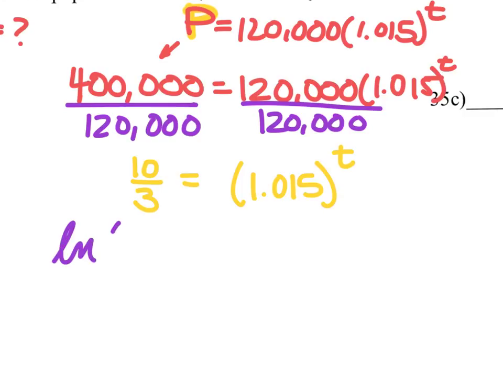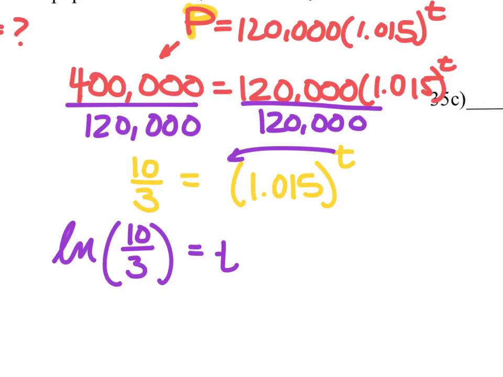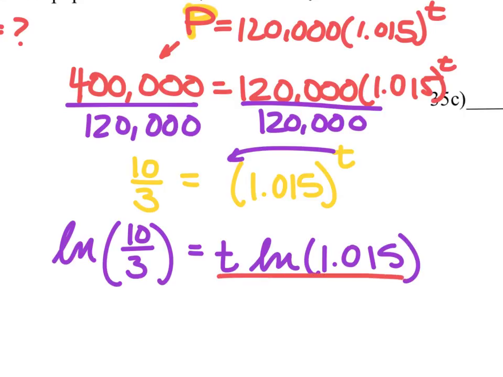So I have the natural log, or you could just do the regular log. It doesn't matter. Natural log of 10/3 is equal to, drop down the exponent, so t times the natural log of 1.015, and then just divide both sides by the natural log of 1.015.